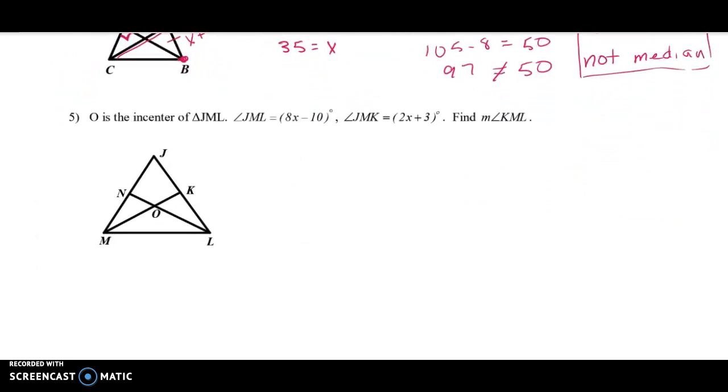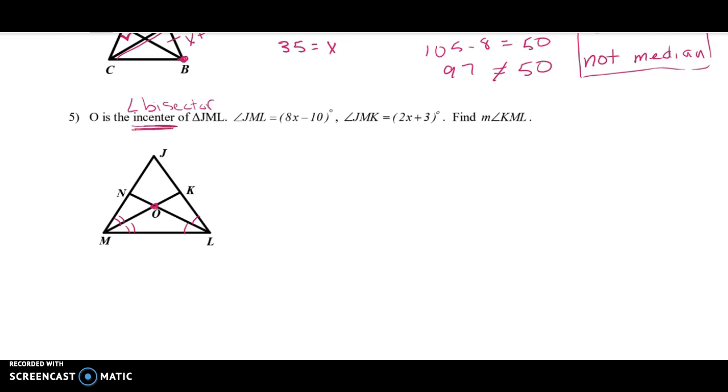The next one is O is the in-center. In-center goes with angle bisectors, meaning that these lines that cross bisect these angles. So we just identify all the congruency marks that go with whatever clue they give to us.